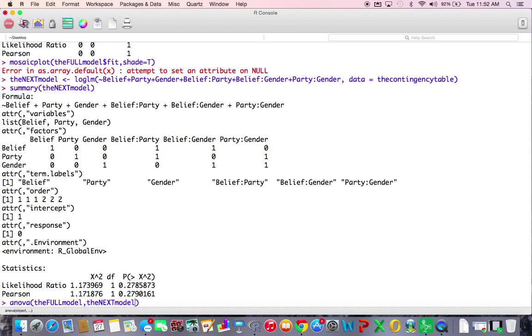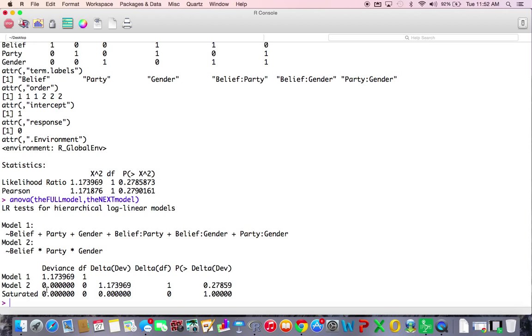Now, this is going to perform just a difference of means, if you will, across the test statistics. And what we end up getting, and notice the p-values match up here with model 1 and model 2, which is the same thing we got in the likelihood ratio, the p-value there. So, guys, we're going to keep on going.